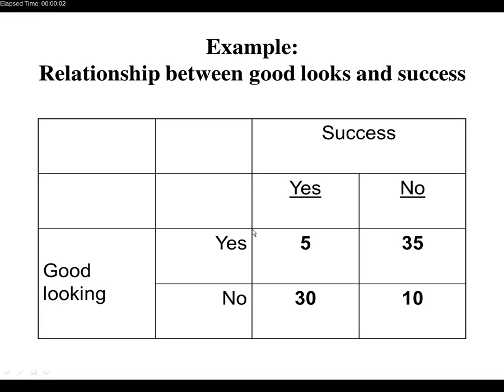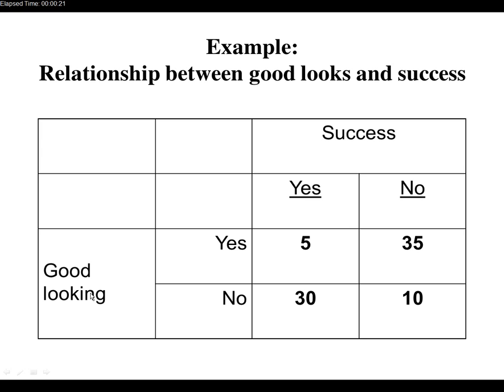All right, I've stepped back to the beginning of this example because I don't want you to be confused in any way. This example takes a look at the relationship between good looks and how successful you are.